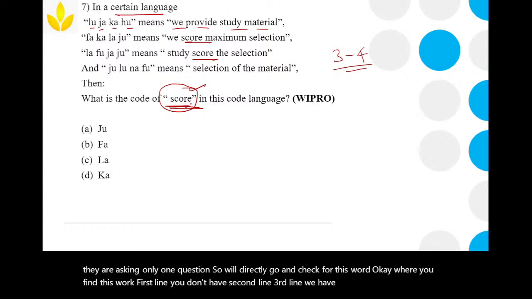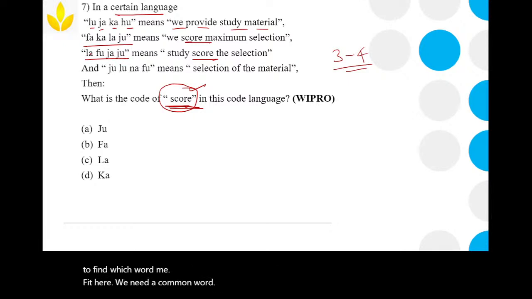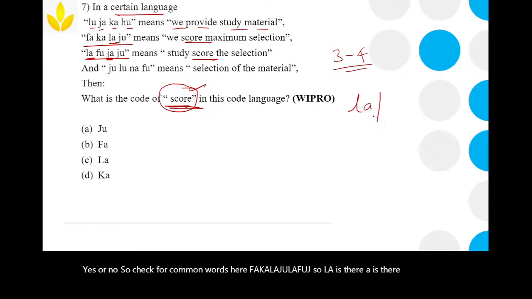Correct? Now try to find which word may fit here. We need a common word. Yes or no? So check for common words here. FAKALAJU, LAFUJA. So see here, LA is there, LA is there. So it can be LA, or it can be JU.